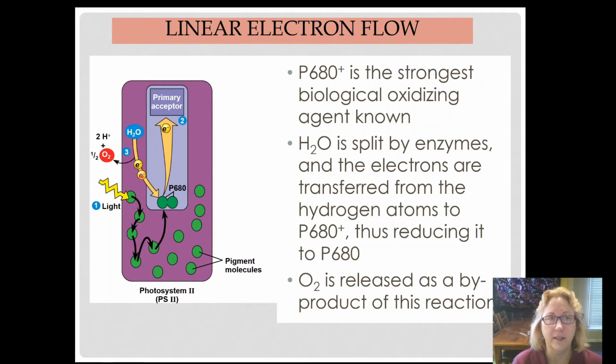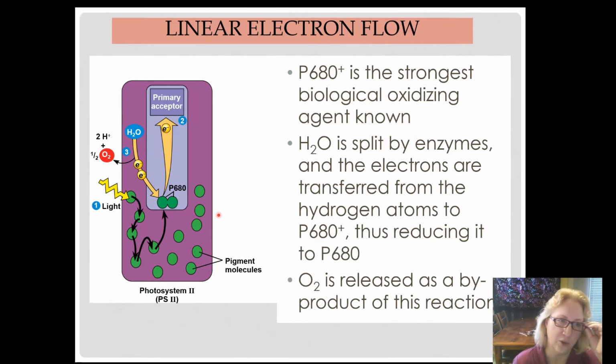So that means that in order to oxidize water, we have to have something that's a more powerful oxidizing agent than oxygen. And normally in biological systems, oxygen is the strongest oxidizing agent that's around. But in this case, these P680 chlorophylls are in fact a more powerful oxidizing agent than oxygen.